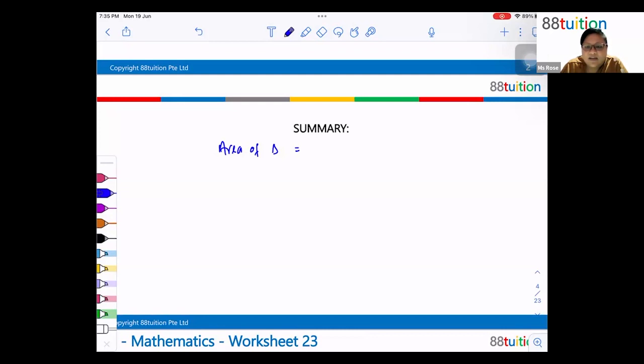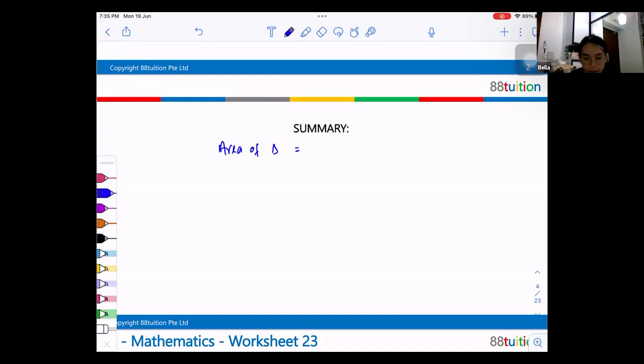Mic's not working, right? Mic's not working and you can type. I don't know. How are you going to answer the question? Okay, let's give it to someone else then. Bella. Yes, Jinlong, correct. Okay, Bella, can you unmute yourself and let me know how do you find the area of triangle?